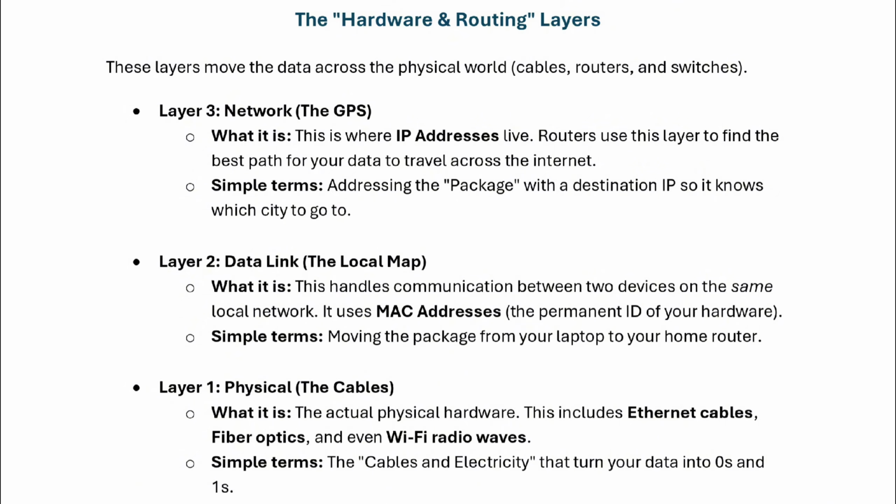Then it is assigned the session and presentation layers, where encryption and sessions happen, and then the application layer, where you actually see the interface of the data that traveled across the cables and all the layers in between.